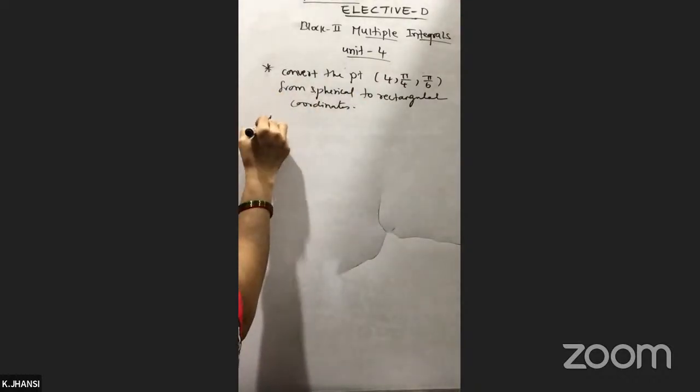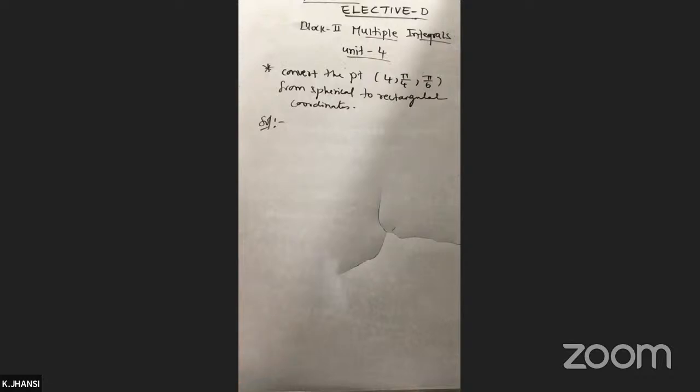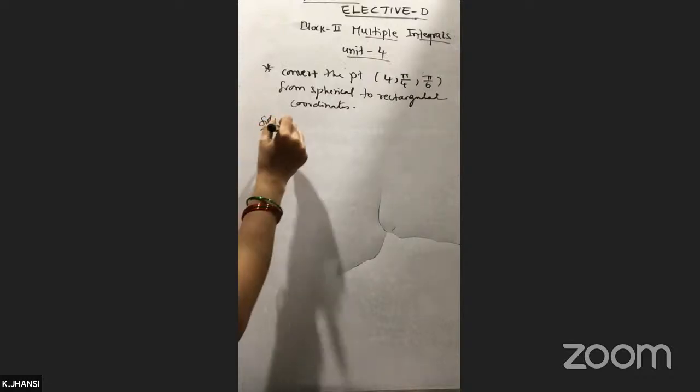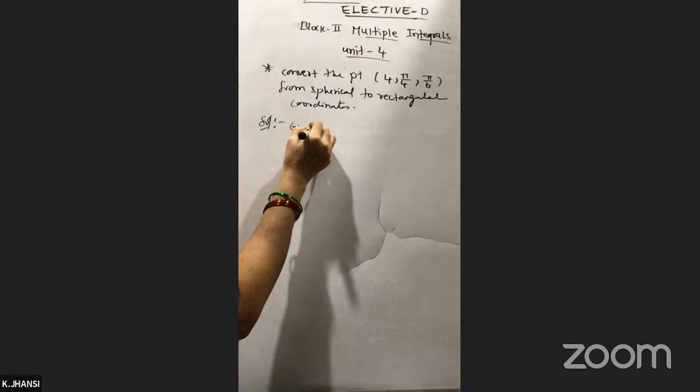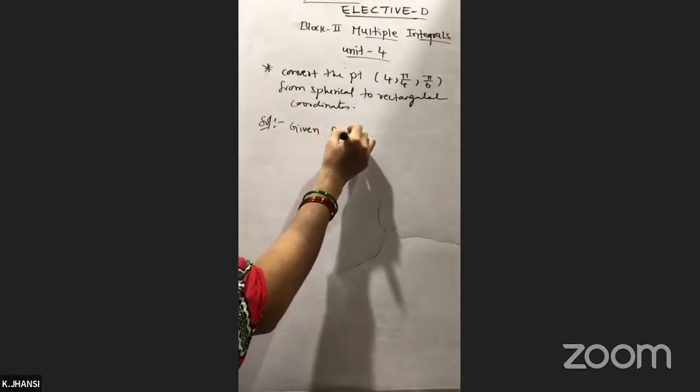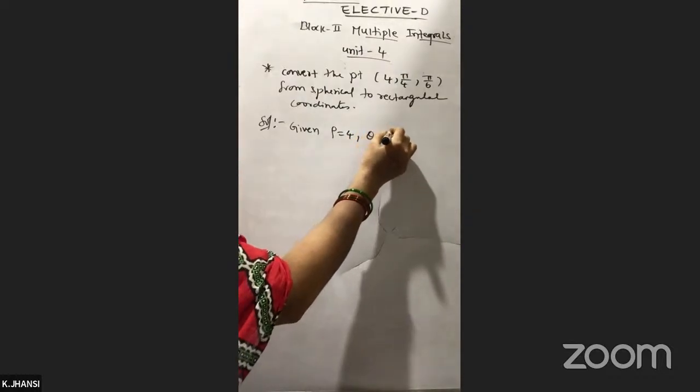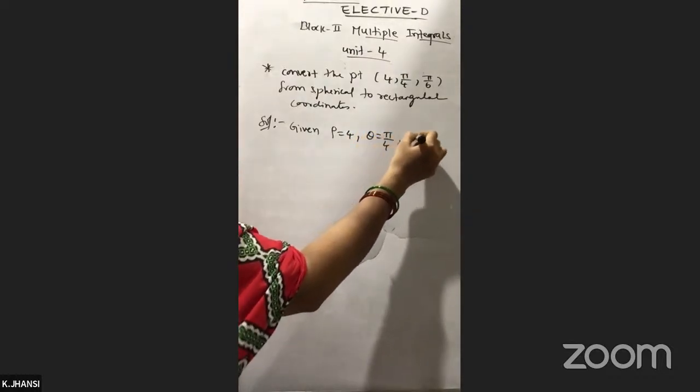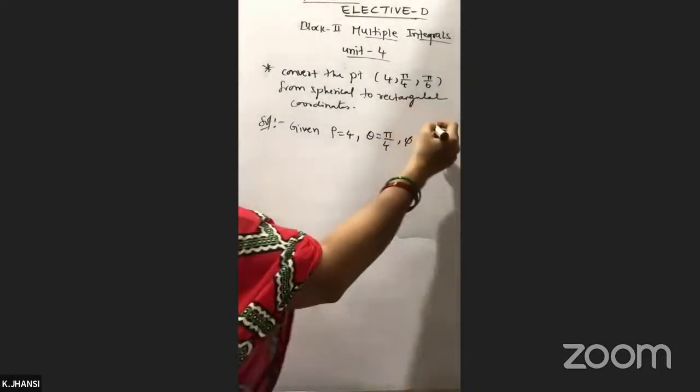Solution is given. So rho equals 4, theta equals pi by 4, and phi equals pi by 6.